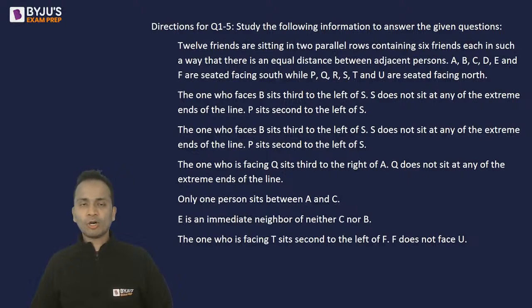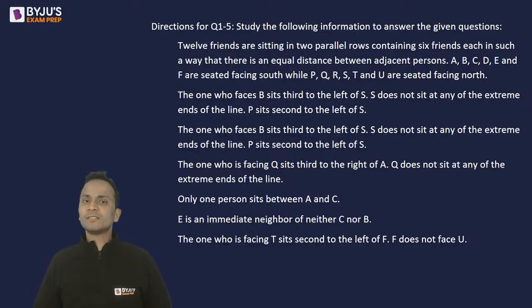Okay, so let me read all the directions for you. In this set, there are 12 friends who are sitting in 2 parallel rows containing 6 friends each, in such a way that there is an equal distance between adjacent persons. A, B, C, D, E, F are seated facing south, while P, Q, R, S, T, and U are seated facing north.